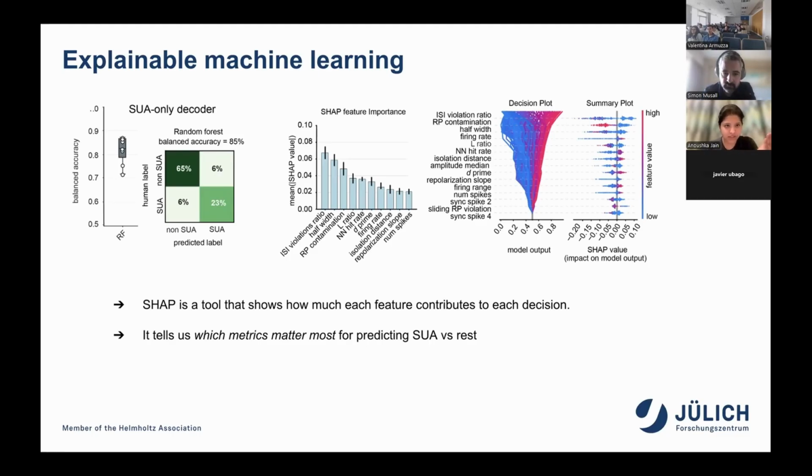That is random forest. Then we want to see if it performs well on a different brain region, a different probe, a different animal. We saw in all those cases that it worked really well.